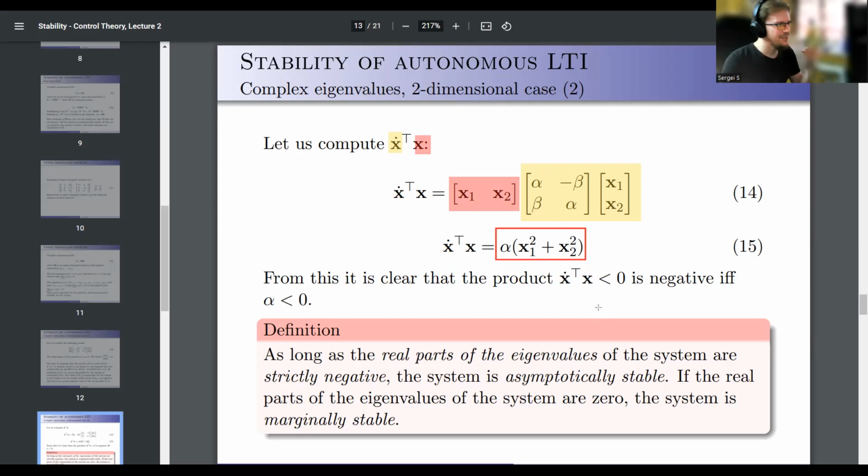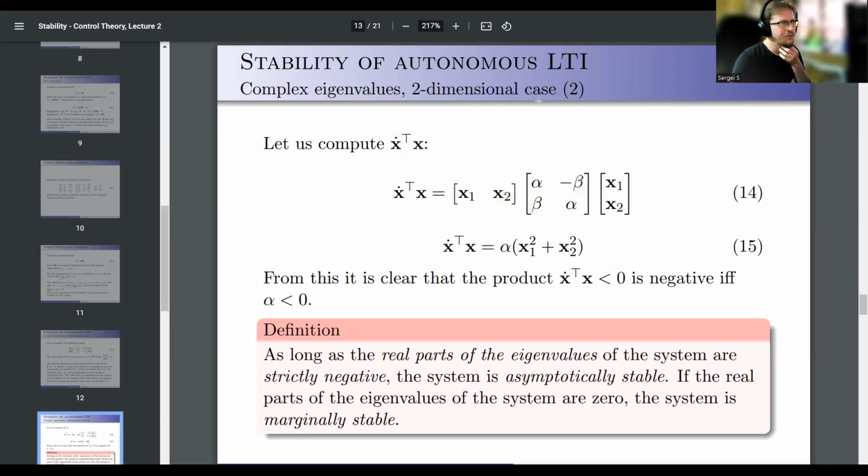And let me again say, if this is 0, it is stable. If it is negative, it is stable, asymptotically stable. Positive, unstable. 0, marginally stable. But we are talking about a range of initial conditions, not just some initial conditions, right?